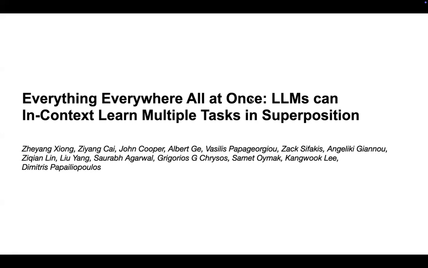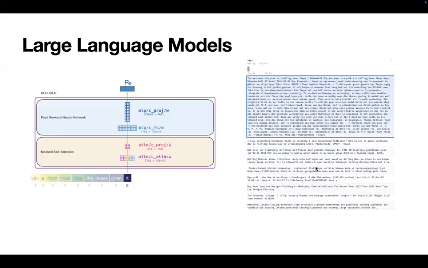Okay. Hi, everyone. I'm Zheyang, and in this talk I'm going to present a recent paper from our group, Everything Everywhere All at Once: LLMs can in-context learn multiple tasks in superposition. Most of you probably know of large language models, but I'm going to briefly introduce them. We can think of large language models as decoder-only sequence-to-sequence models.